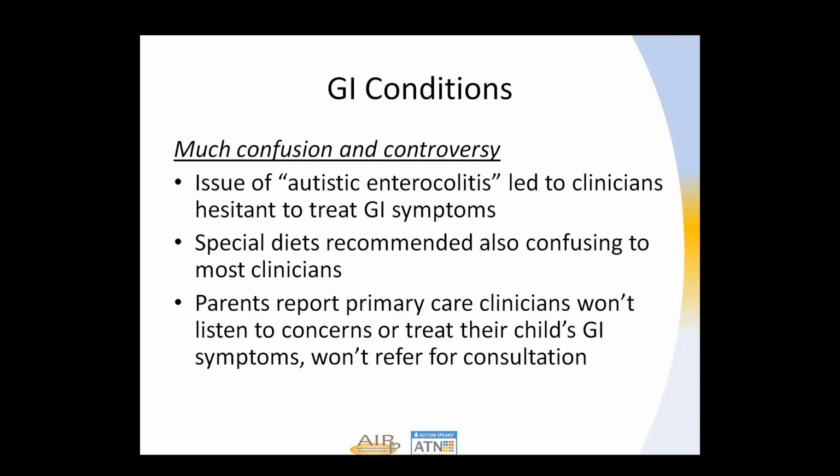So these problems led to a lot of primary care doctors not addressing their patients' GI symptoms. It also led to parents reporting that their primary care doctors didn't seem to want to listen to their concerns or treat these symptoms, and to add further problems, they wouldn't refer them to specialists for consultation.